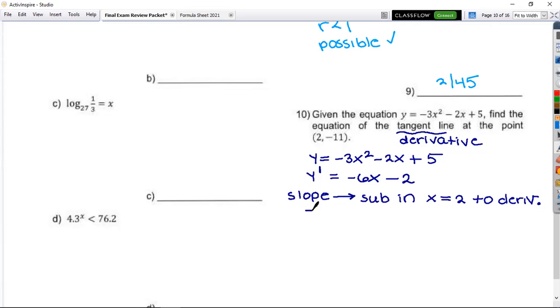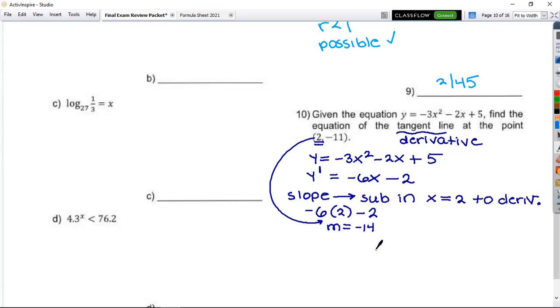So I go -6 times this number right here, which is a 2, and -2. Okay, so this gives me that my slope is -14.